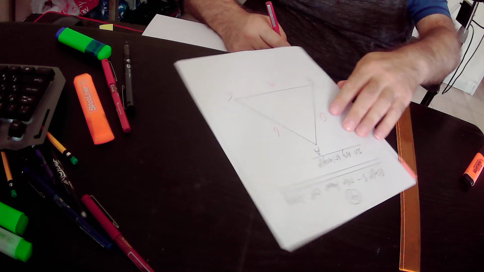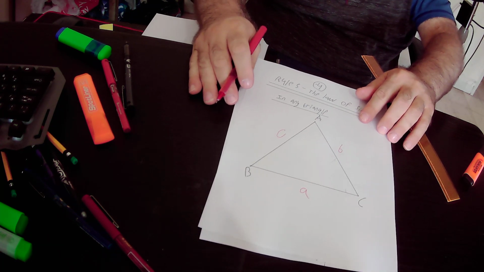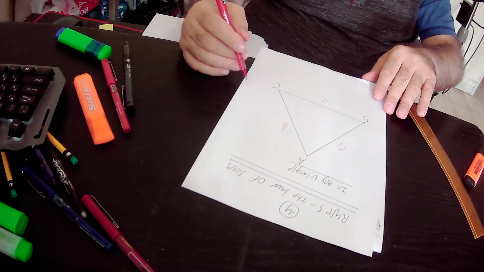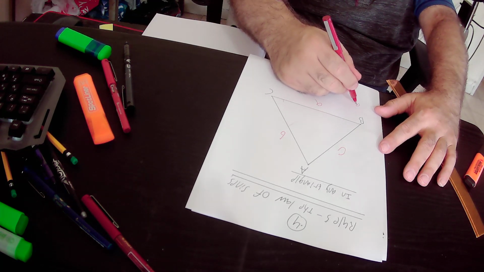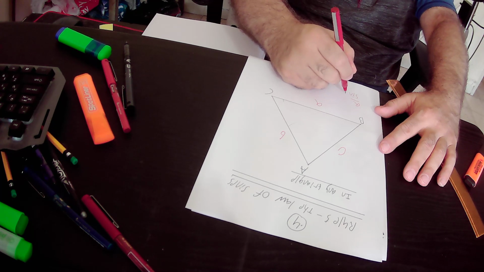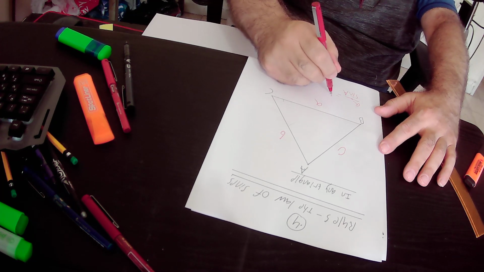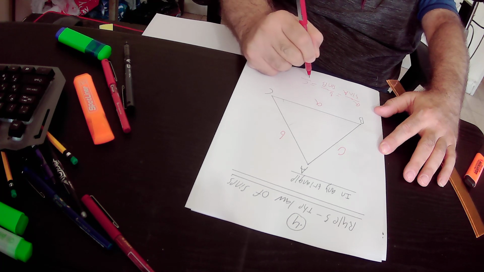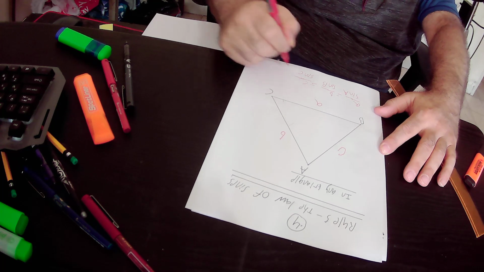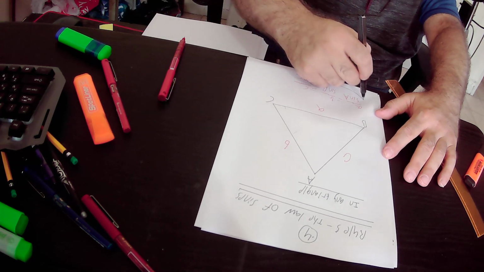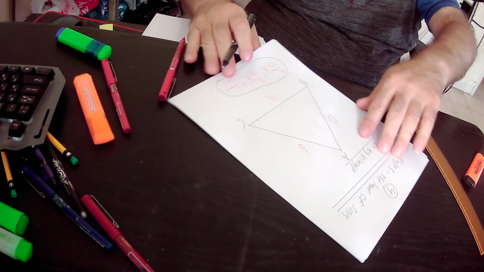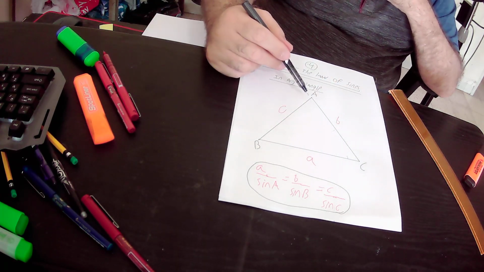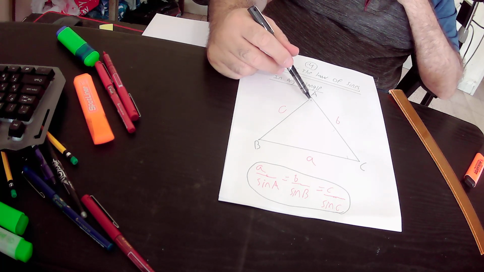According to the law of sines, A over sine A equals B over sine B equals C over sine C. Capital A, capital B, and capital C are the sizes of the angles.